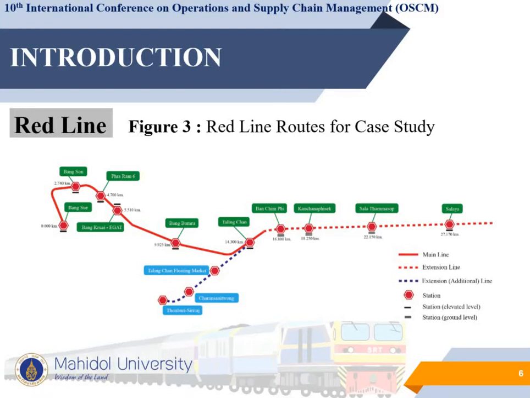Figure 3 shows a case study of the Red Line with its commuter train system that has both elevated and ground level sections. This runs from east to west Bangkok. Although some construction of the Red Line started in 2008, it has been delayed.